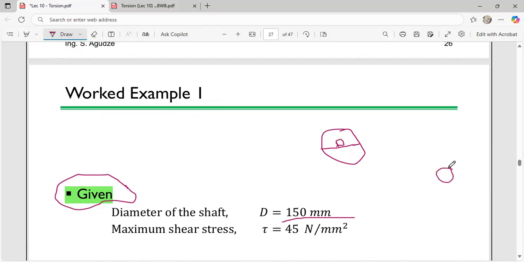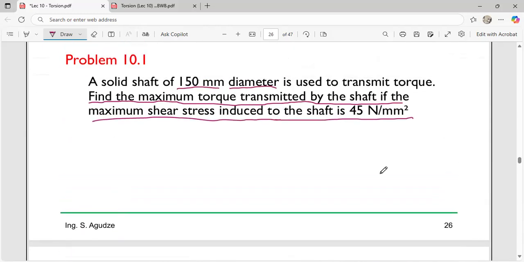You can also draw some sketches so that you can get some additional marks from there too. It's in the form of something like this. That is how the shaft looks, and that is the diameter I just indicated there.